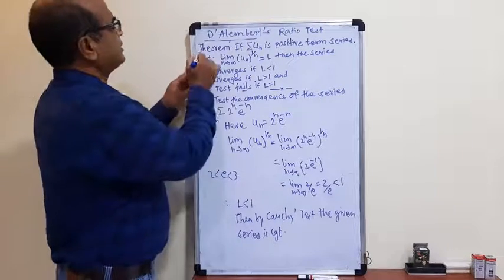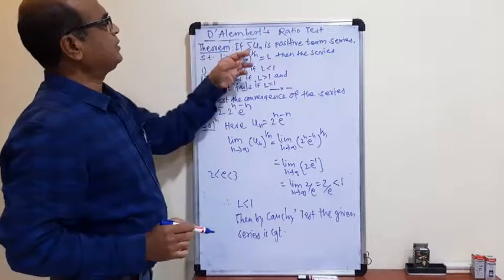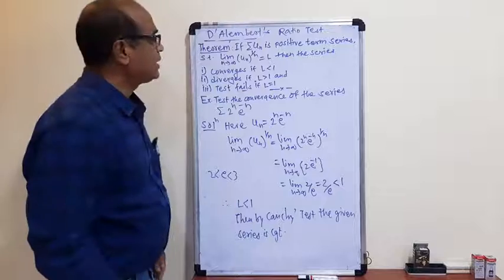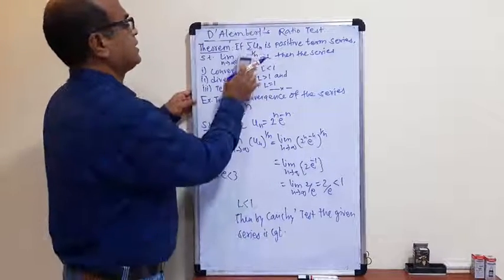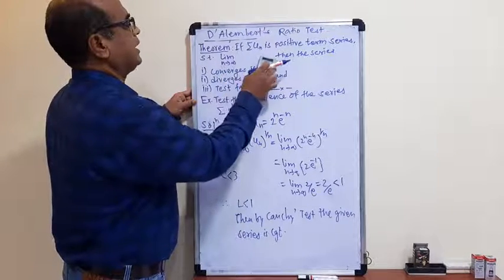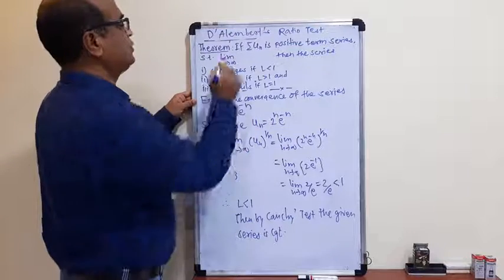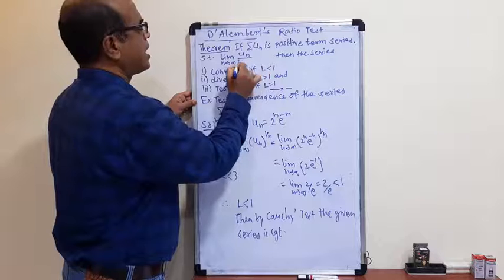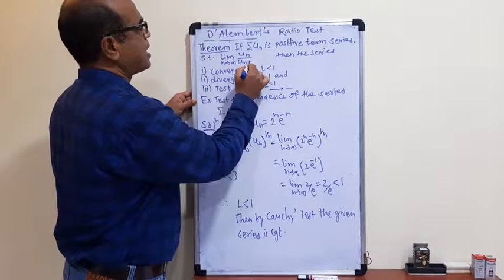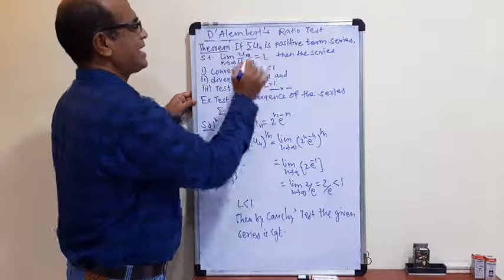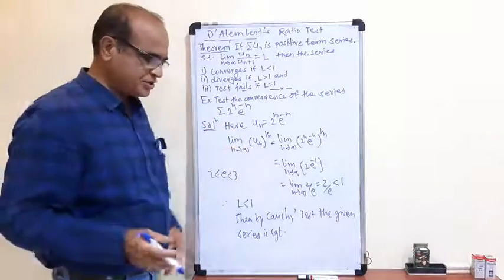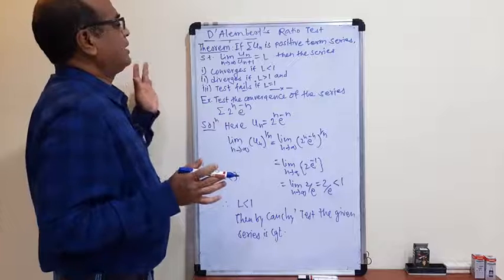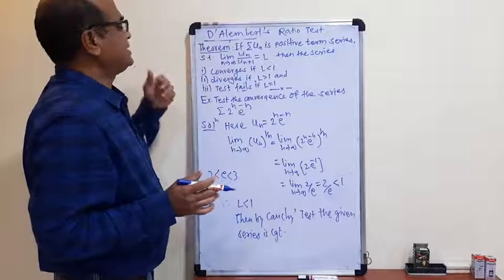Same statement. If un is a positive series such that we take the limit of un divided by un plus 1 is L, so that is finite. L is un upon un plus 1, limit as n tends to infinity.